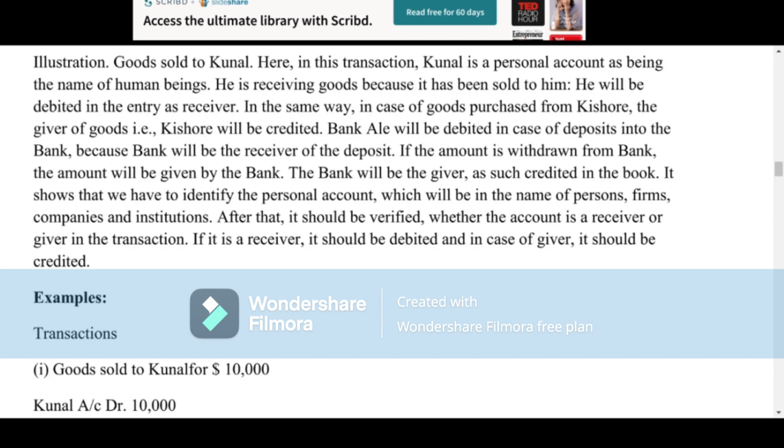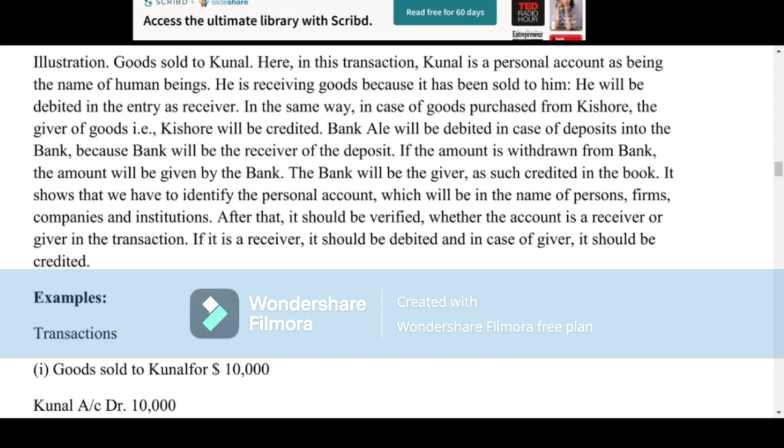It shows that we have to identify the personal account, which will be in the name of persons, firms, companies, and institutions. After that it should be verified whether the account is a receiver or giver in the transaction. If it is a receiver, it should be debited. If I am receiving the money, I must debit that amount.